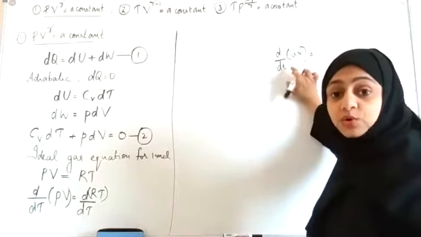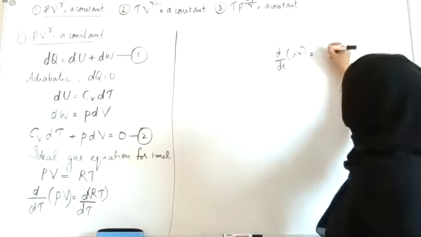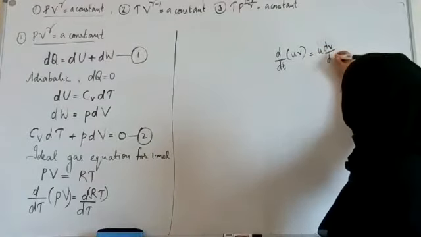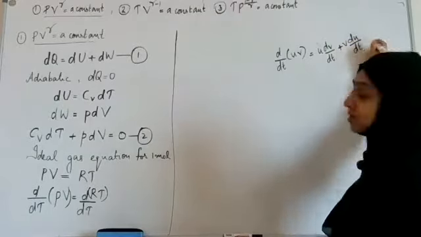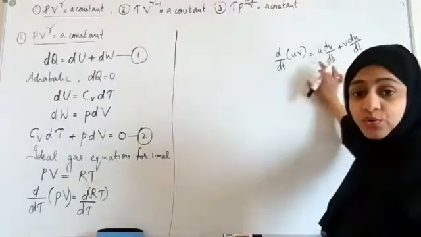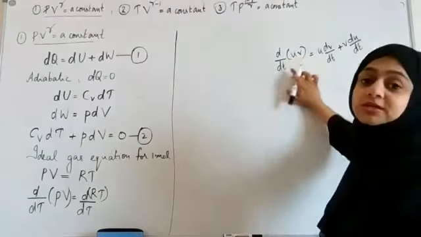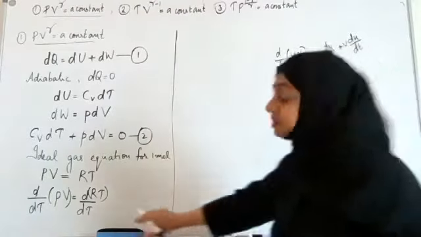If U, V both are related to T, how will you do? You can put it as U into dV by dT plus V into dU by dT, right? So this is how you differentiate two quantities, both which are related to the quantity with respect to which we are differentiating.